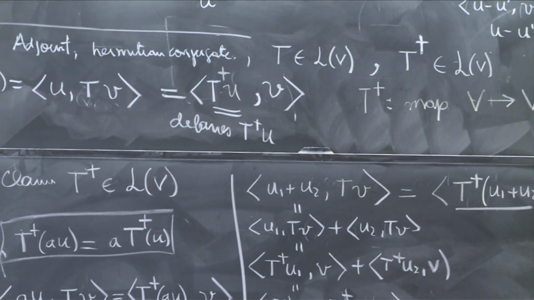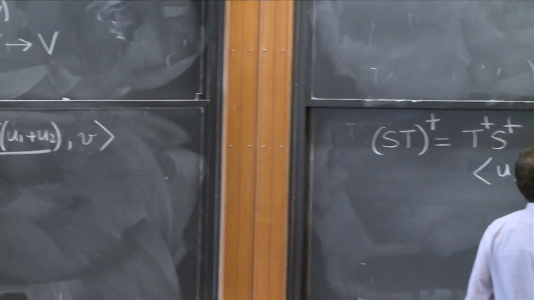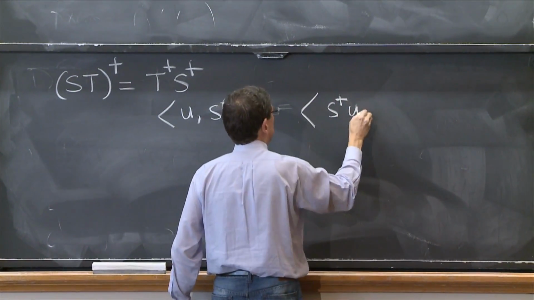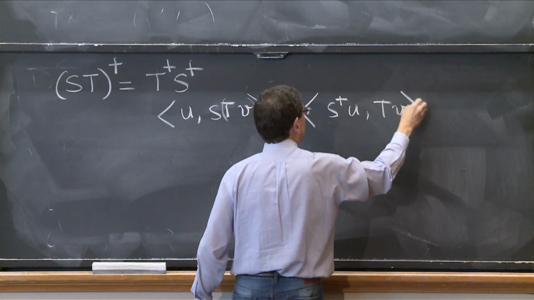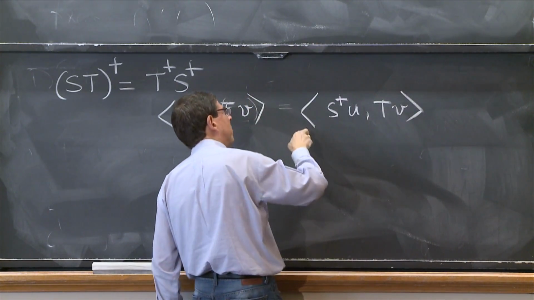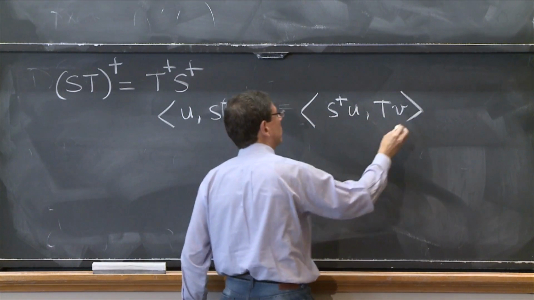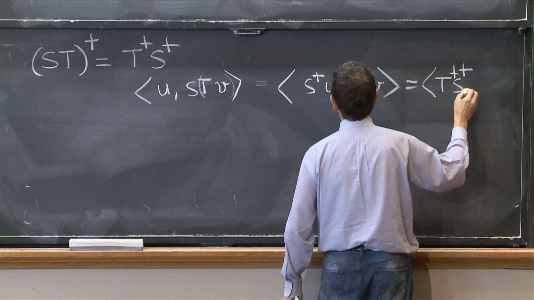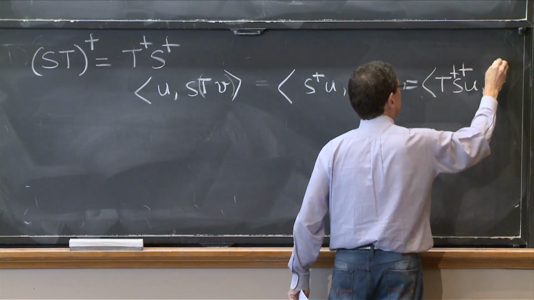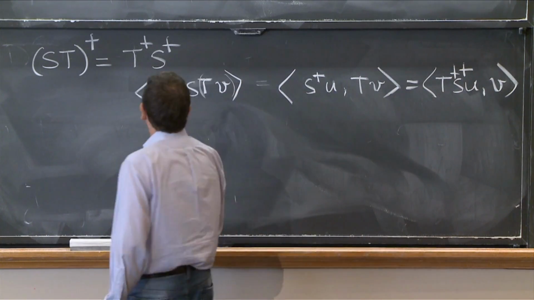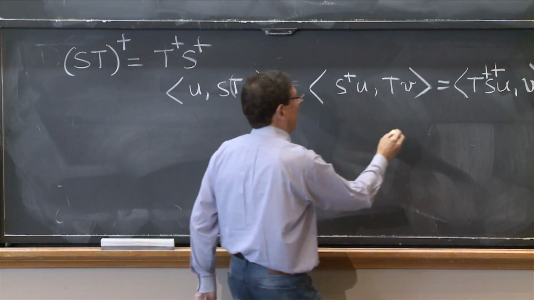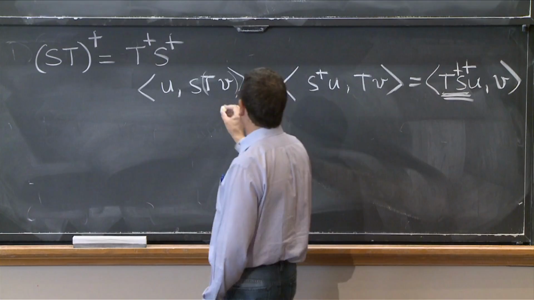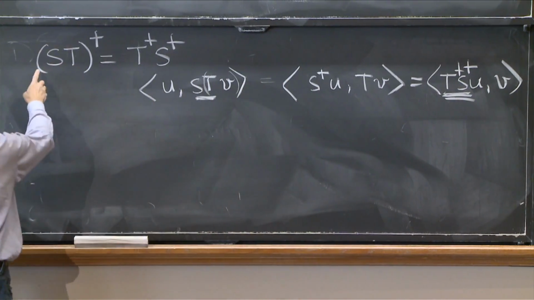So the S is brought there, and you get (S dagger on U, T on V). And then the T can be brought here and act on this one, and you get (T dagger S dagger U, V). So this thing is the dagger of this thing, and that's the statement here.